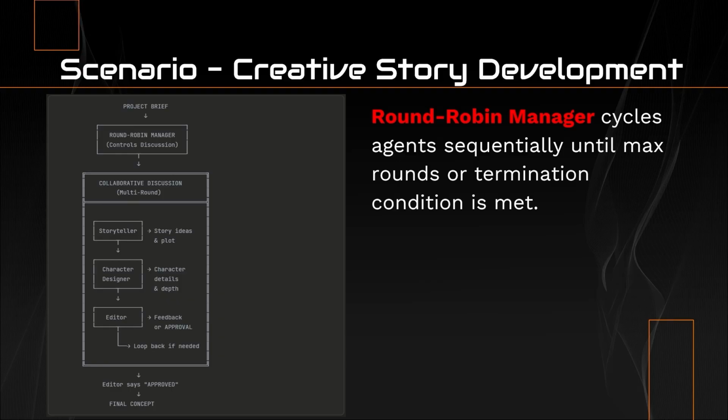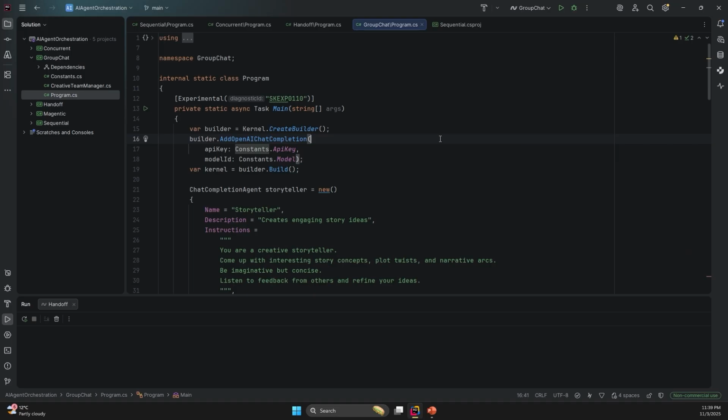This is the exact way we can terminate this discussion. So when the editor says approved, the manager understands, okay, it's done. We got a great result from this group chat. Let me show you how group chat orchestration works inside the code.